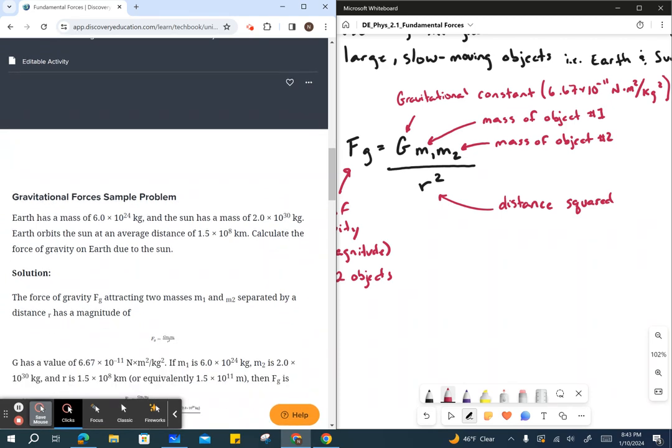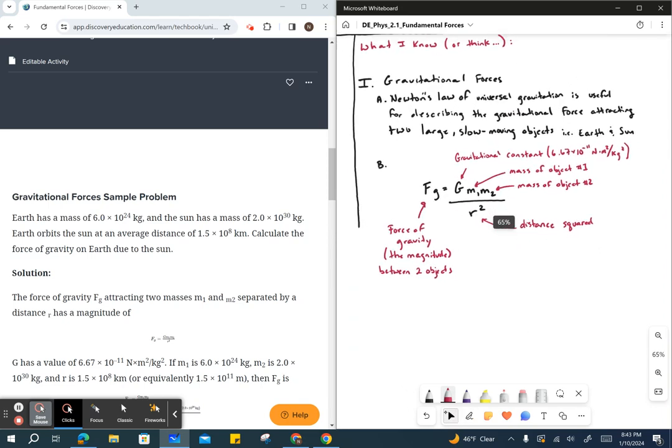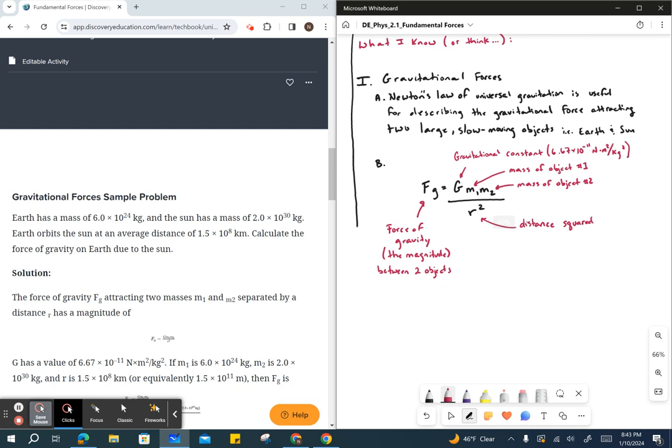Okay, and then they give us sample problems. I want you to go ahead and take a look at the sample problem here on the left-hand side. That's going to help you with solving the homework problems, okay?